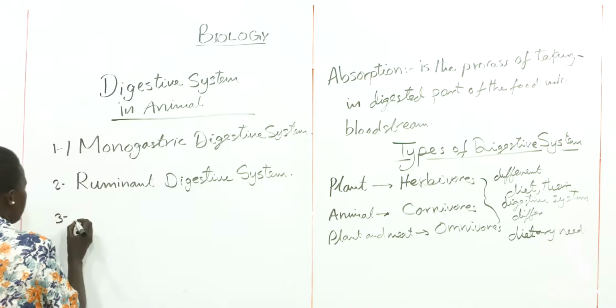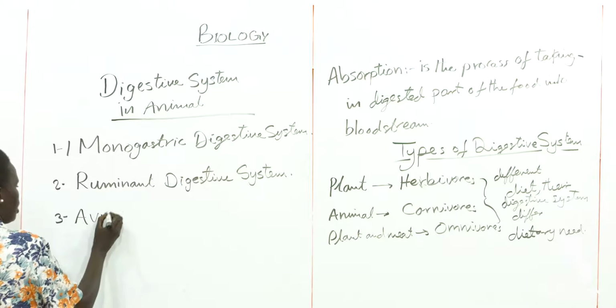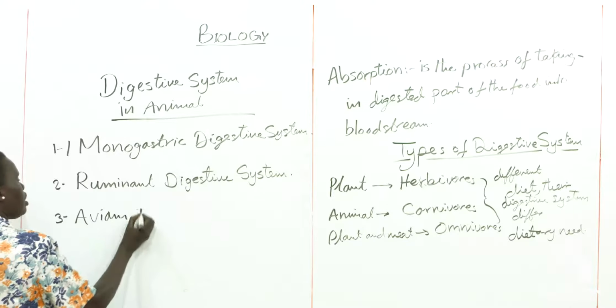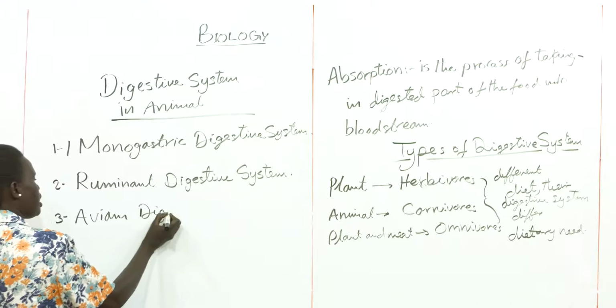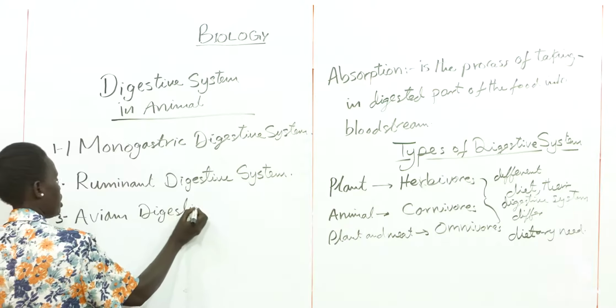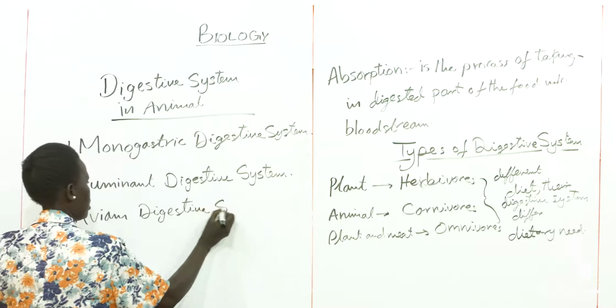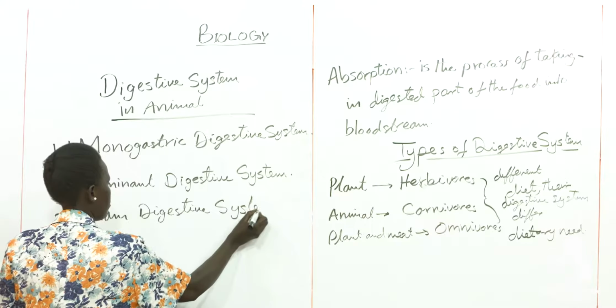Number three, the avian digestive system.